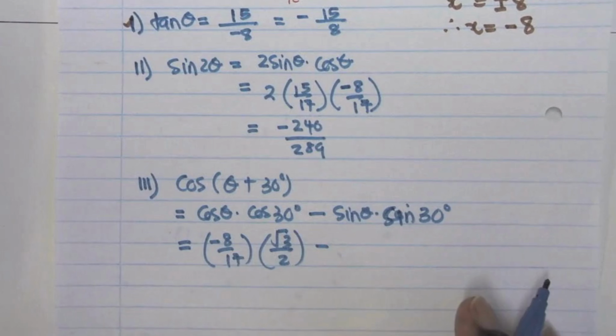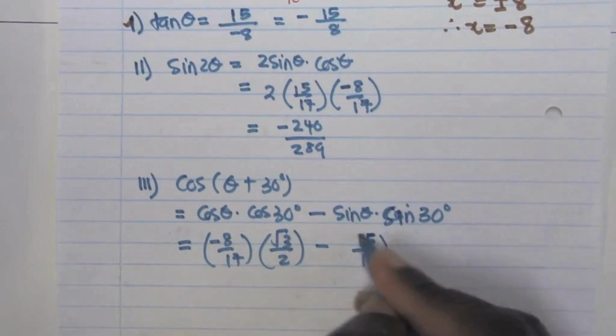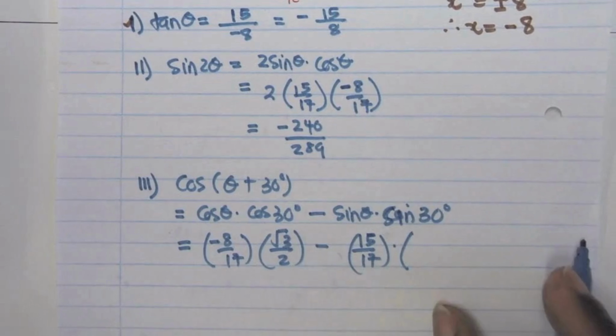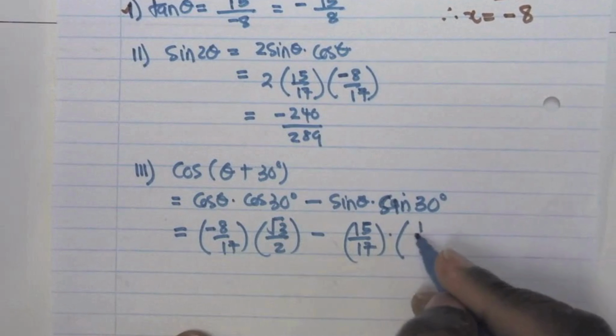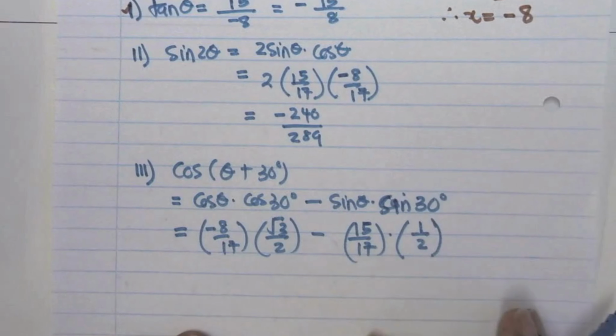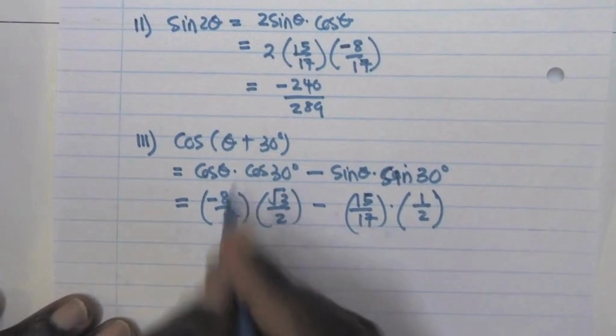Sin theta, I use the diagram, and sin theta is given as 15 over 17, and sine 30 degrees is a special angle, and I'm going to write here 1 over 2. And then I proceed with my simplification.